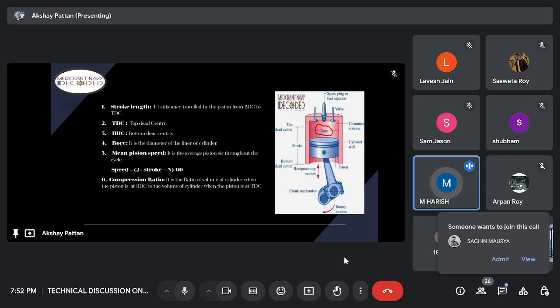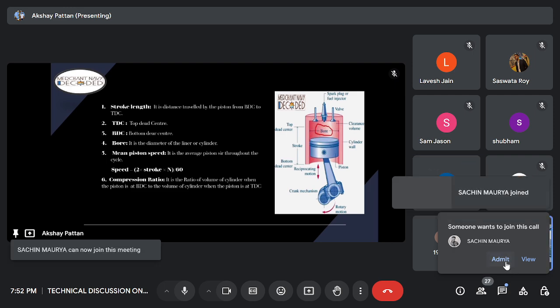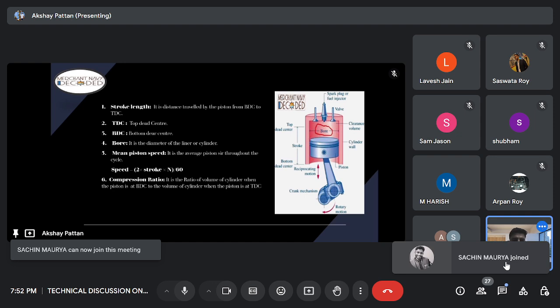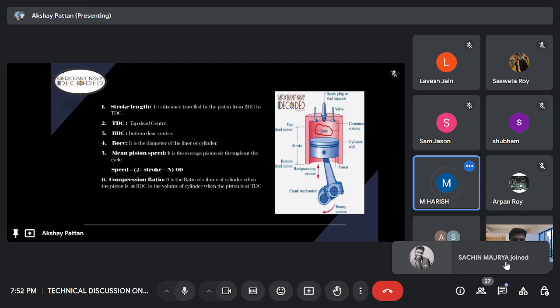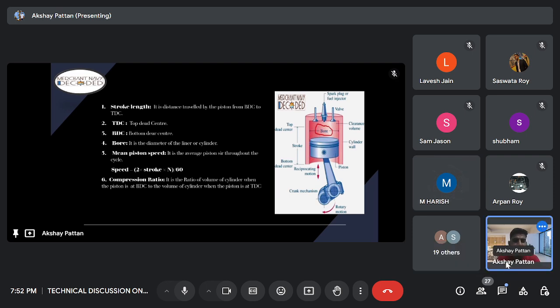Okay, reversible and bidirectional. I think both are similar, unidirectional and bidirectional. Yes, I spelled it mistakenly. It's okay, no issues.